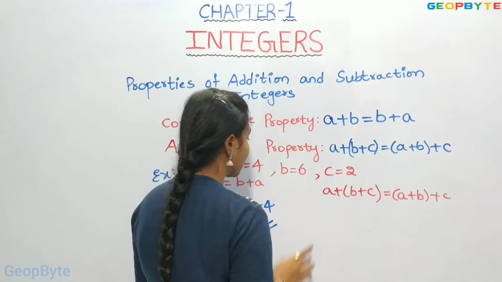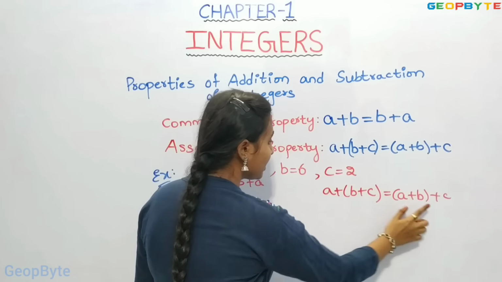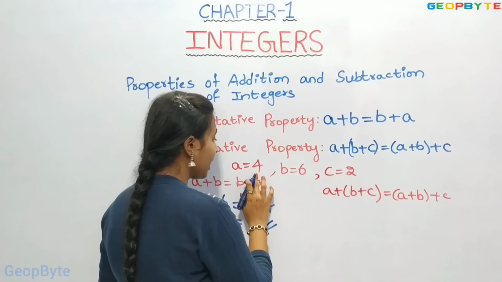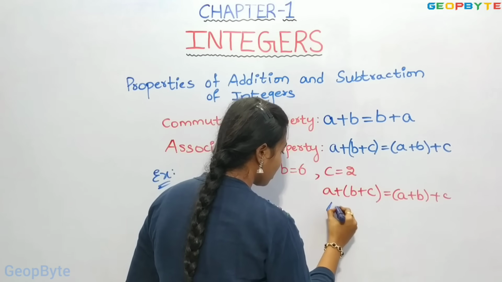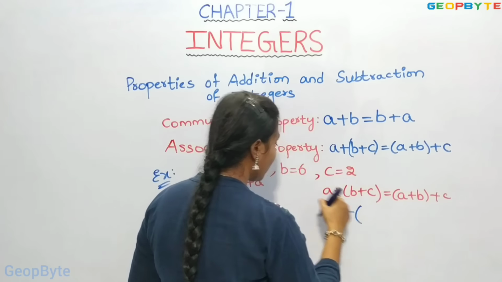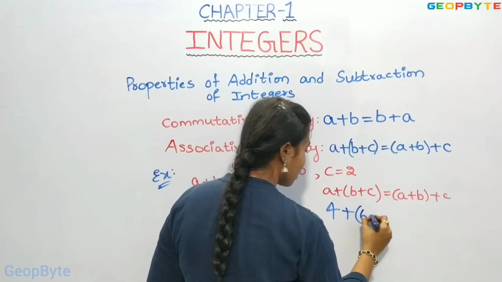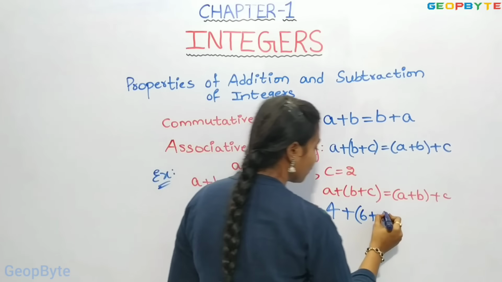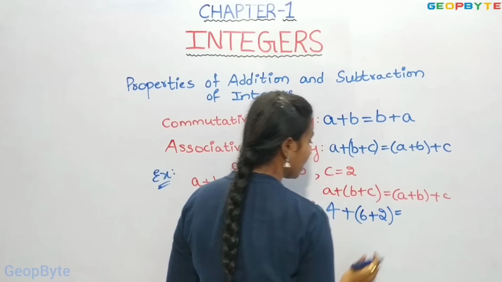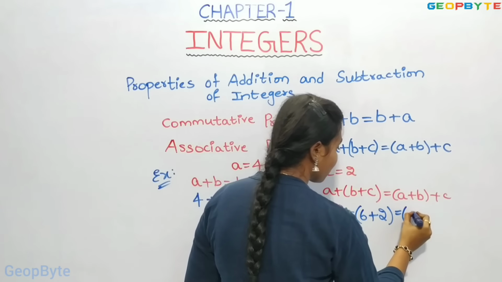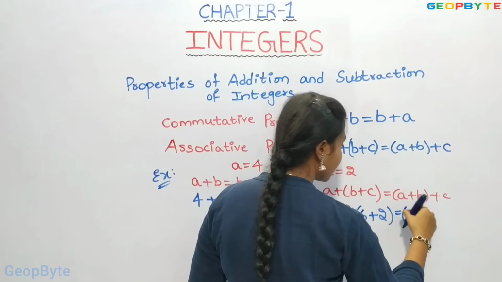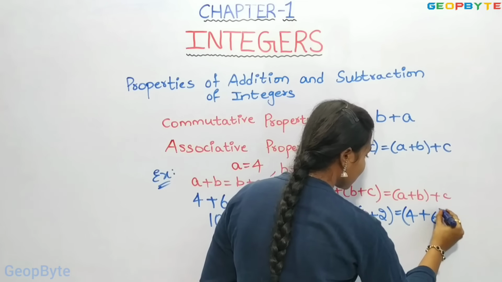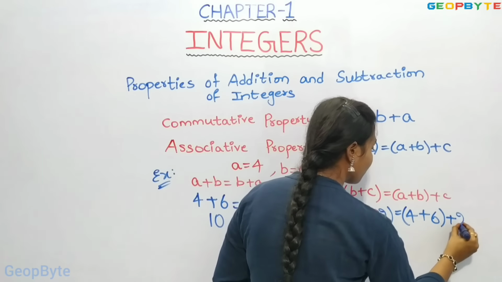Now, let us substitute these numbers in these alphabets. A is 4 plus B is 6 plus C is 2, that is equal to A is 4 plus B is 6 plus C is 2.